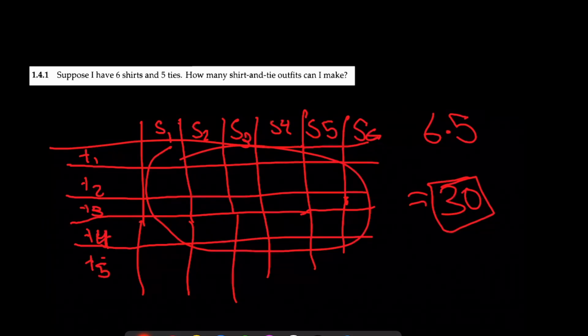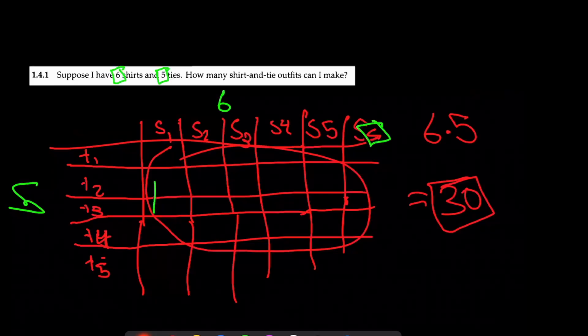Right now we got 6 times 5, and we might notice that 6 was here and 5 was there. So maybe multiplying them creates the number of total possibilities. That would make sense. We have a table with 6 rows, 5 columns, and there are going to be 30 boxes total. So let's try doing that.